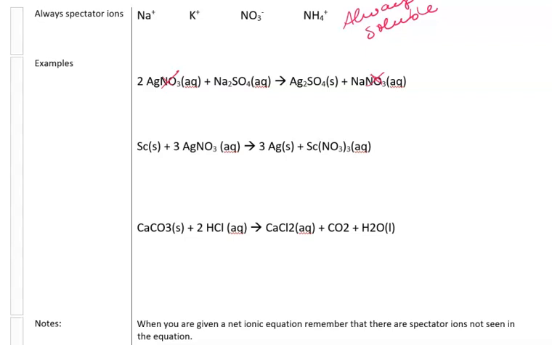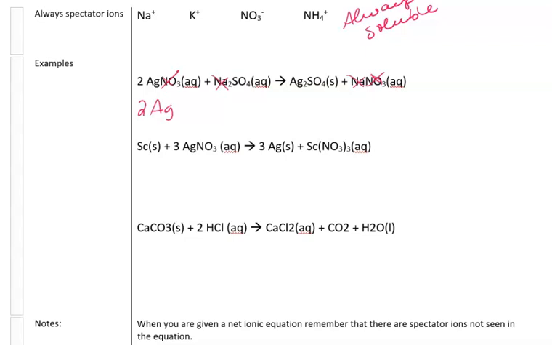Sodium, what about sodium? Sodium's also in my list of 4, so it's probably going to be a spectator ion. And I see that it is in fact aqueous on both sides. So I'm going to be focused on my silver and my sulfate forming silver sulfate. So I'm going to have 2 silver ions. Now what's the charge on that silver ion? Silver's a transition metal, but I know nitrate's a -1.